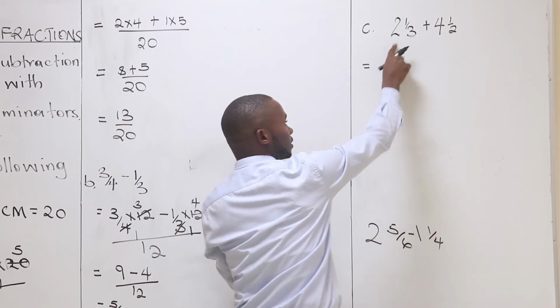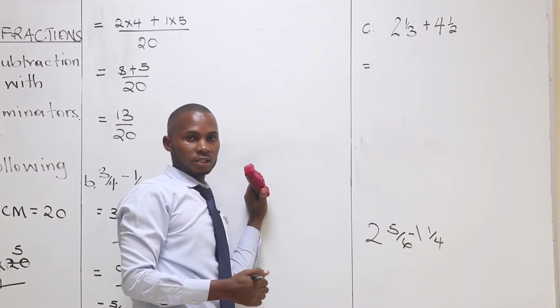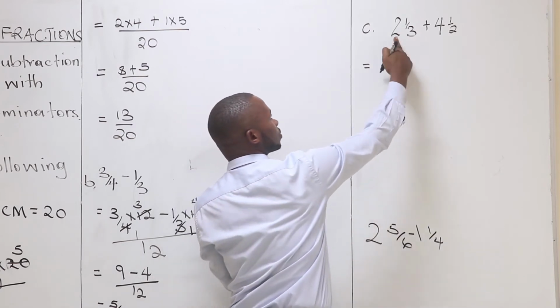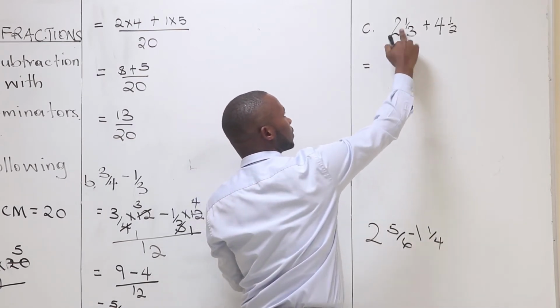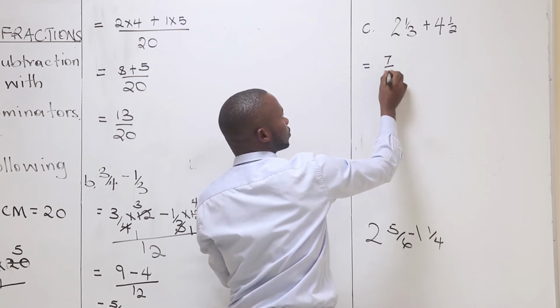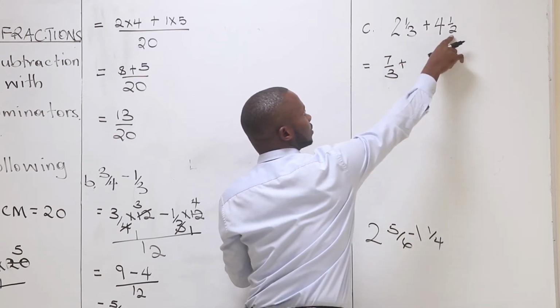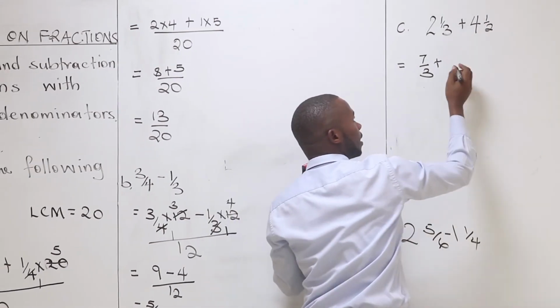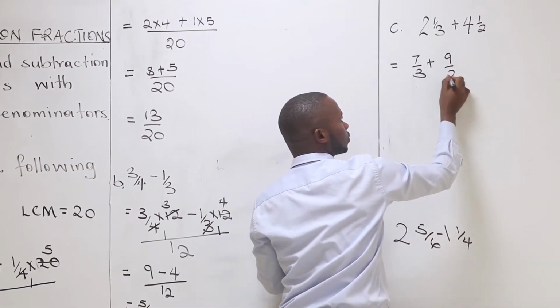Since it is a mixed fraction, change it to an improper fraction. That is, 3 times 2, that is 6, plus 1, 7 out of 3. Then 2 times 4, 8, plus 1, 9 out of 2.